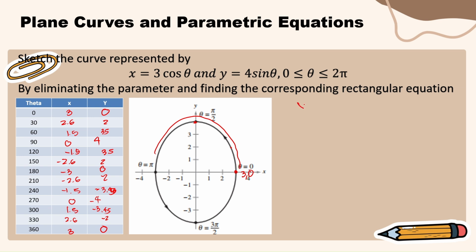So nandito siya sa form na x squared over a squared ba yan? Parang ganun. So, y squared over b squared is equal to 1. So, kung magkakaroon man tayo ng rectangular equation, dapat somehow ganito yung magiging itsura niya.